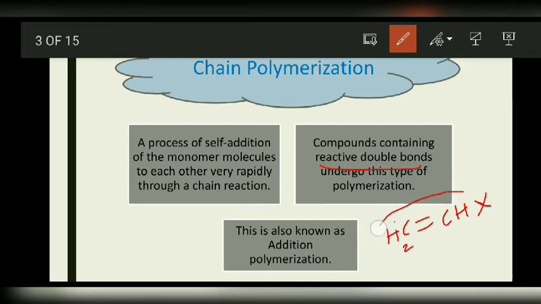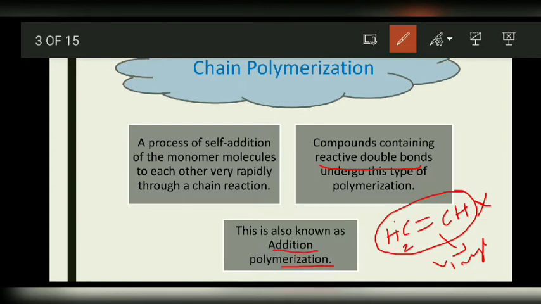This group CH2=CH is known as the vinyl group, right? So these types of compounds undergo this chain polymerization reaction, and this is also known as addition polymerization.